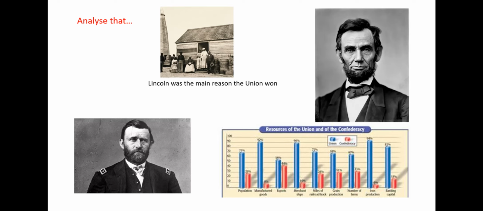Just the resources and just Lincoln's political skill were not enough without a successful general. And we must also factor in there, if we're looking at the blue bars on that graph of being Union advantage, that means the red bars are Confederate disadvantage. The Confederacy was fighting a defensive war, trying to defend a large amount of territory with significantly less resources than the Union had.